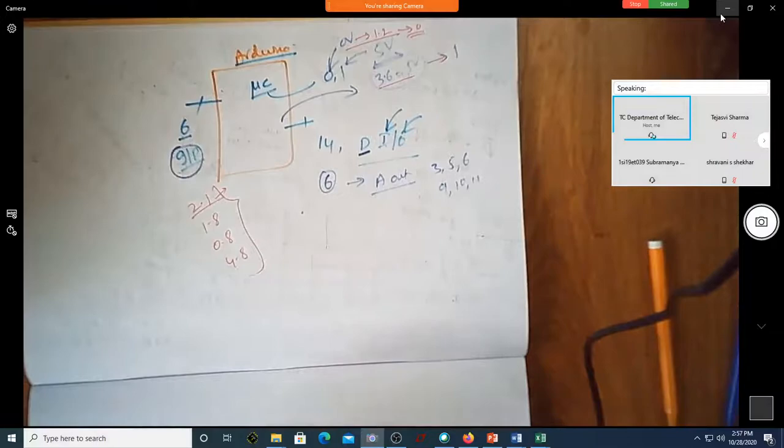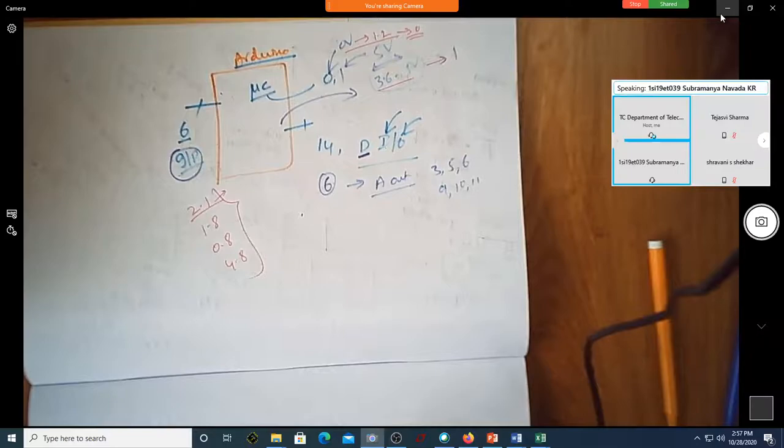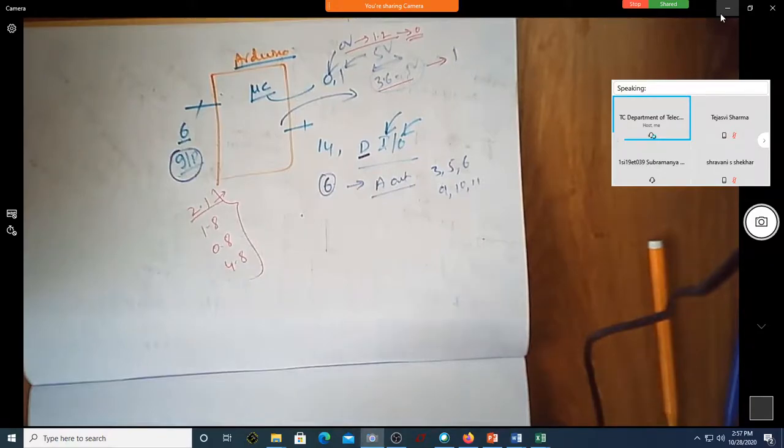What do you mean by real-time values being analog? Assume the temperature today is around 28, 29 degrees. During evening it will come to 25. During night it will come around 20, 21. You can see those variations. It's not like 50 degrees and 0 degrees. We have a gradual variation.